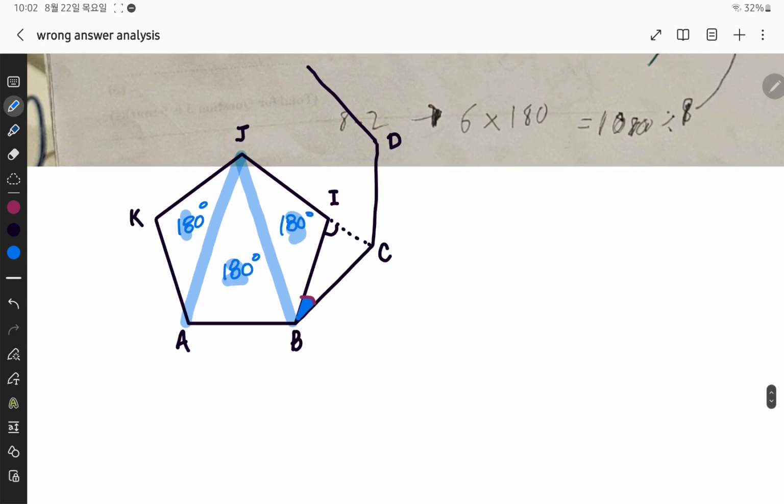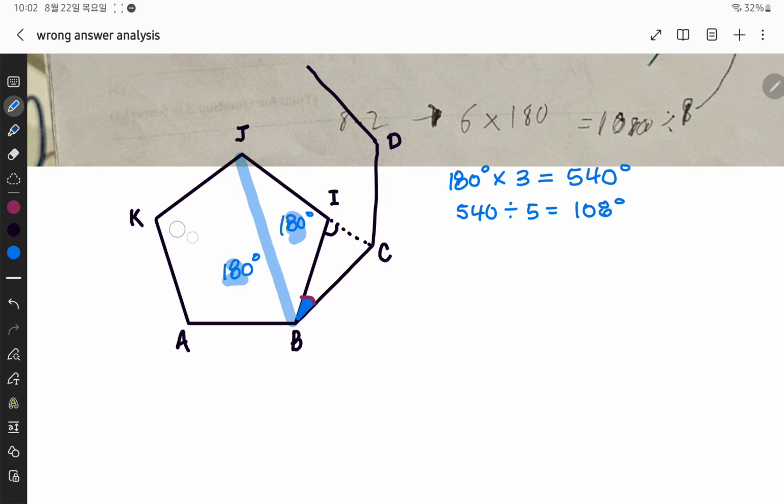So I instantly know that the pentagon's internal angles sum to what? 180 times 3, which is 540, right? Then I'm going to divide that by how many points there are, 5, and that gives me 108 degrees. So I know right off the bat that one angle inside is going to be 108.